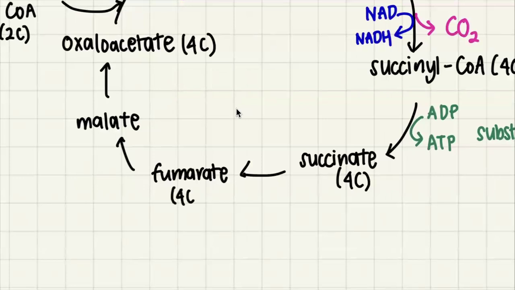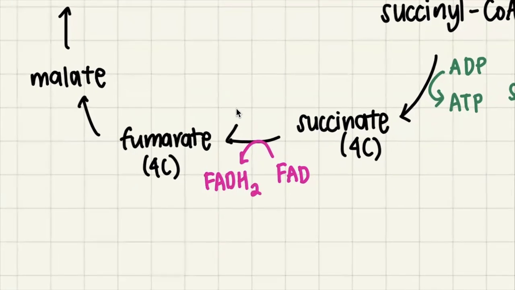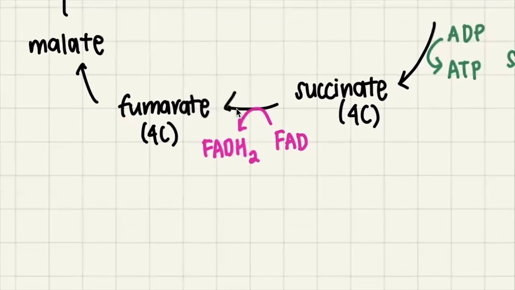Now we move from succinate to fumarate. Fumarate is also a 4-carbon compound, so there is no loss of carbon dioxide here. Instead, we have FAD being reduced to FADH2. Maybe a way to help you remember is that FAD to FADH2 happens near the fumarate, so it's all F. But you need to remember that it's between succinate and fumarate.